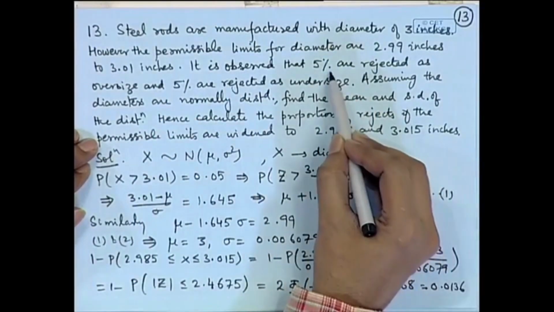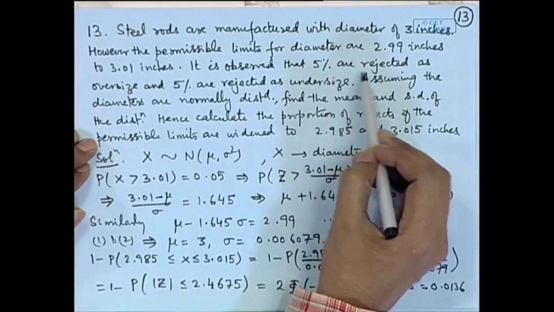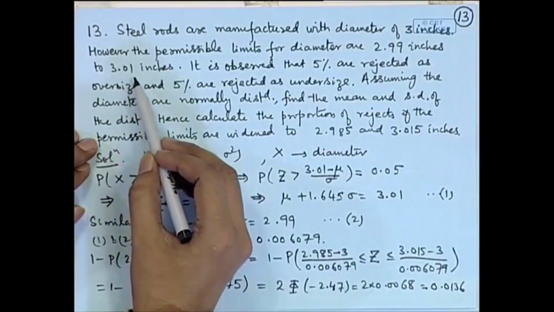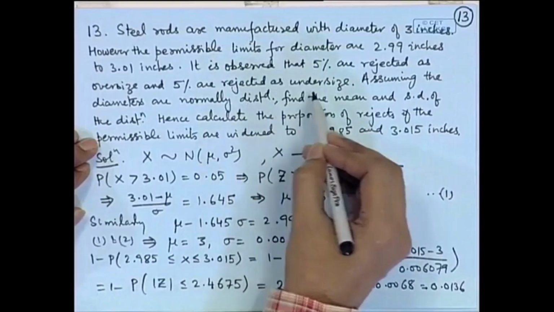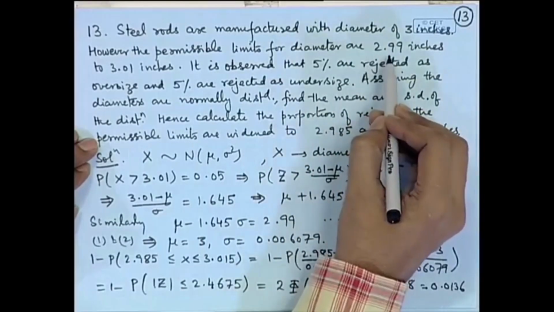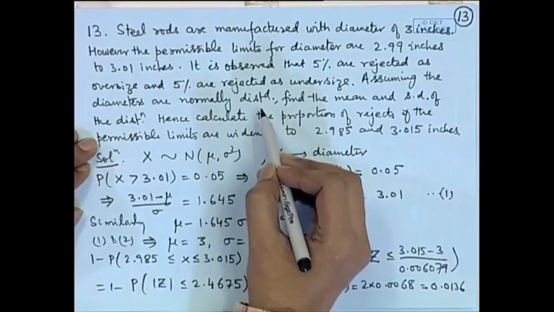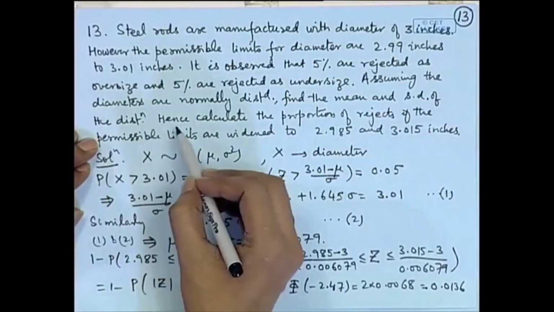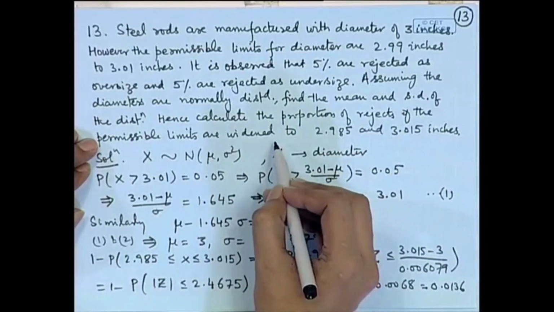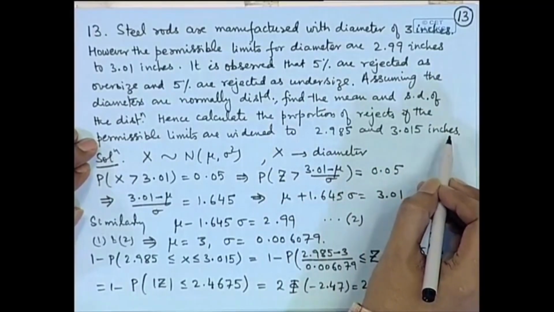Now, it is observed that 5% of the steel rods produced by this process are rejected as oversize, having diameter more than 3.01 inches, and 5% are rejected as undersize, having diameter less than 2.99 inches. So, assume that the diameters are normally distributed, and find the mean and the standard deviation of the distribution. Hence, calculate the proportion of rejects if the permissible limits are widened to 2.985 and 3.015 inches.